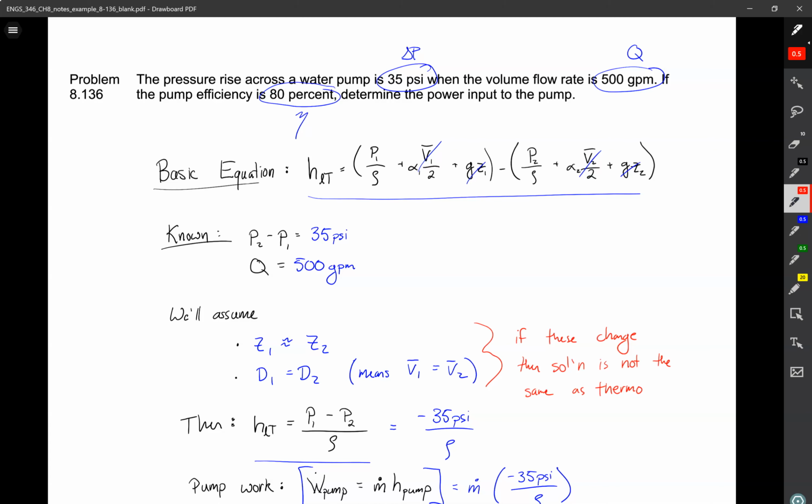So if those things change, then the solution is a little bit different than thermal, although this process would actually still be the same. We would calculate for an ideal pump, and then we could calculate again for a real pump. So hopefully this gives you a sense of how to do some calculations that maybe you haven't done in a while, but then also how to look at them in the framework of head loss.